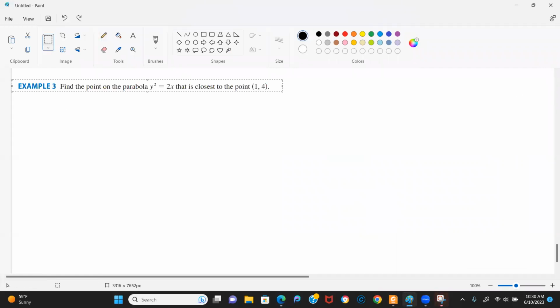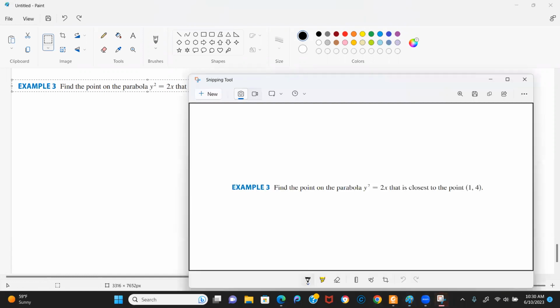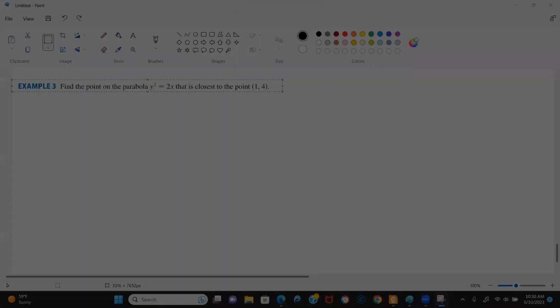All right, so this is example 3. We want to find the point on this parabola right here that is closest to the point 1, 4. So let me also extract the diagram so you can see what's going on.